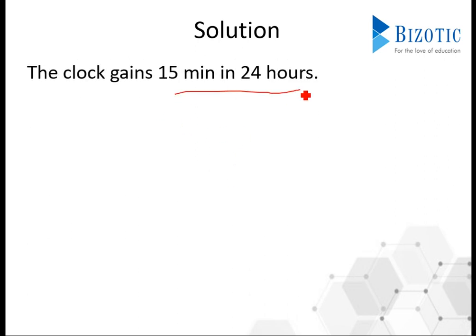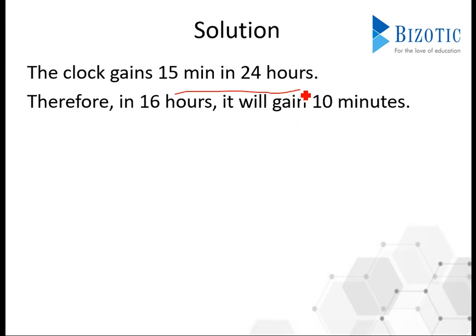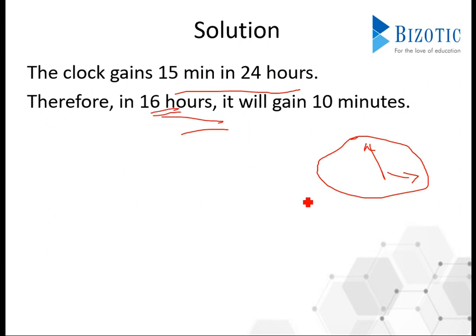The clock gains 15 minutes in 24 hours, and the clock is set at 12 noon and the next day at 4 a.m. So that will give you 16 hours. That's why I told you to calculate how many hours from 12 to 4: 12 plus 4 is 16. Now, this 16 hours is 2 by 3rd of 24.